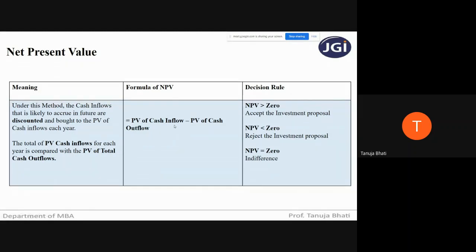Now I want to know from you all, suppose after 2 years, I'm getting a return of 20,000. How will I bring that 20,000 to the present value today? Can anyone tell me what technique I have to use to bring the cash flow which I'm getting after 2 years to the present value today?